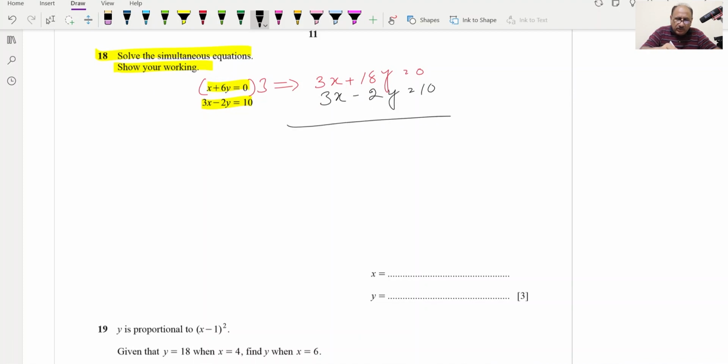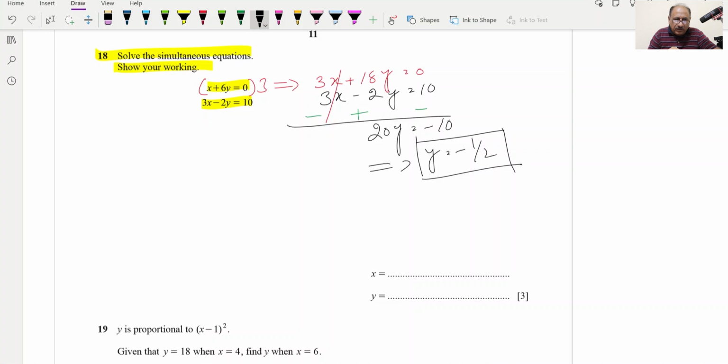And now we can change signs, minus and plus and minus, and after cancellation these two will be cancelled, and we will get 18 plus 2 will be 20, so 20y is equal to minus 10. So this implies y will be equal to minus 1 by 2. This will be the y value.